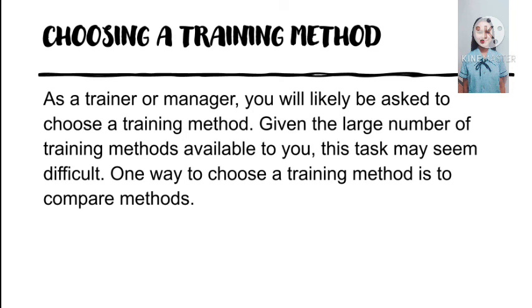Nakadepende sa kung anong outcome ang gustong i-achieve ng trainer. Ang trainer or manager ang pumipili ng training method para sa team. Things that must be considered are learning outcomes, such as verbal information, intellectual skills, cognitive strategies, attitude, and motor skills.